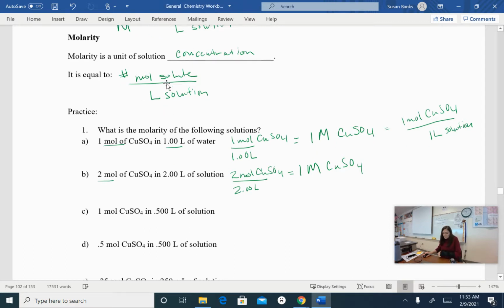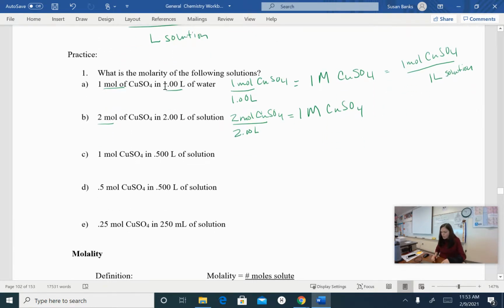So let's look at C. What if I have 1 mole of copper 2 sulfate in 0.5 liters of solution? So 1 divided by 0.5. What do we have? It would give us 2. So that would be 2 molar copper 2 sulfate solution. Right? See if you can do the next 2 and check in just a little bit.